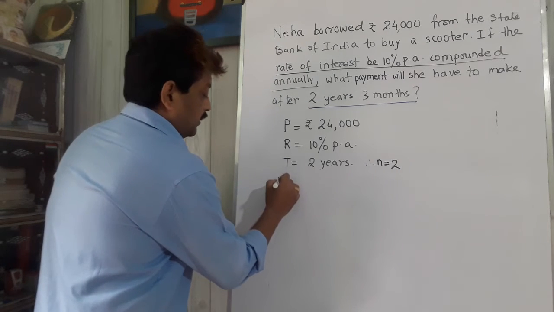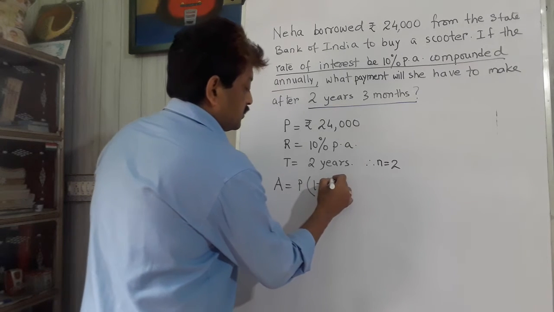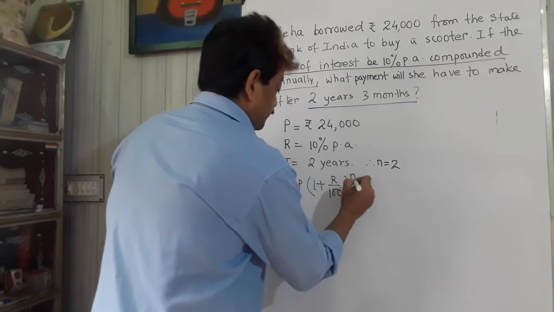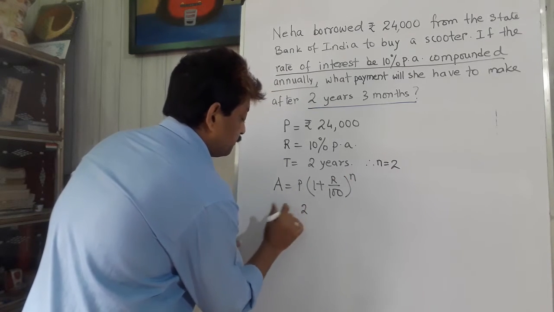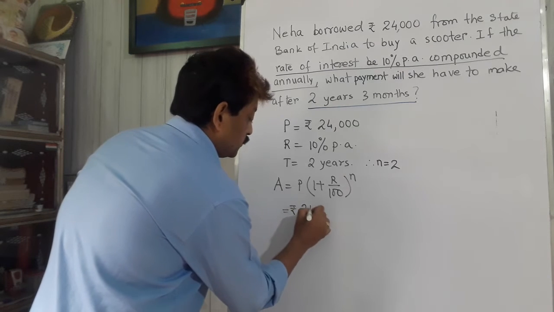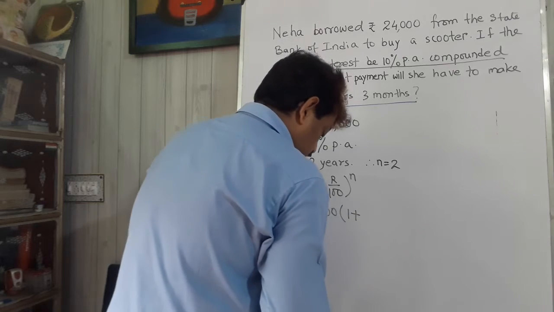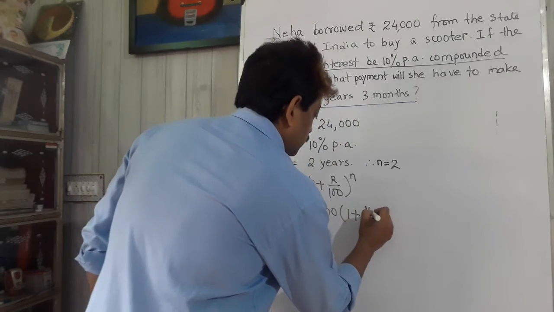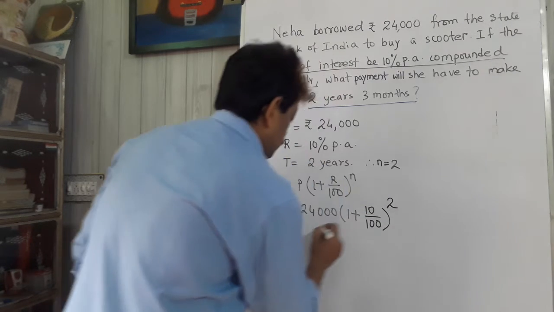Now the formula, A equals P(1 + R/100)^n. The principal is rupees 24,000. 1 plus R is 10 upon 100, to the power 2.